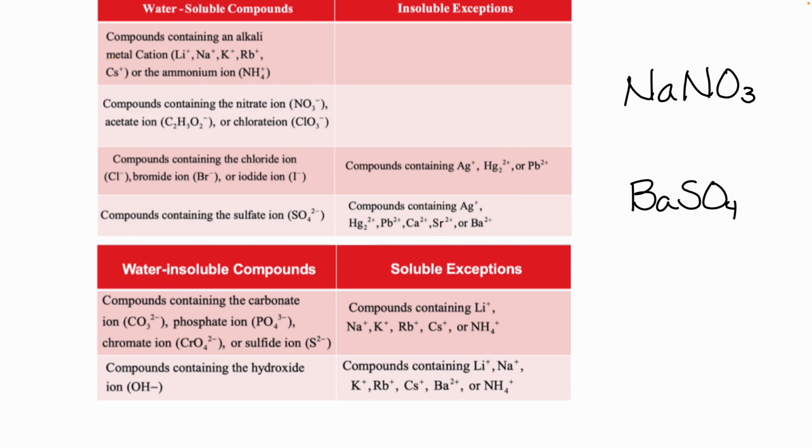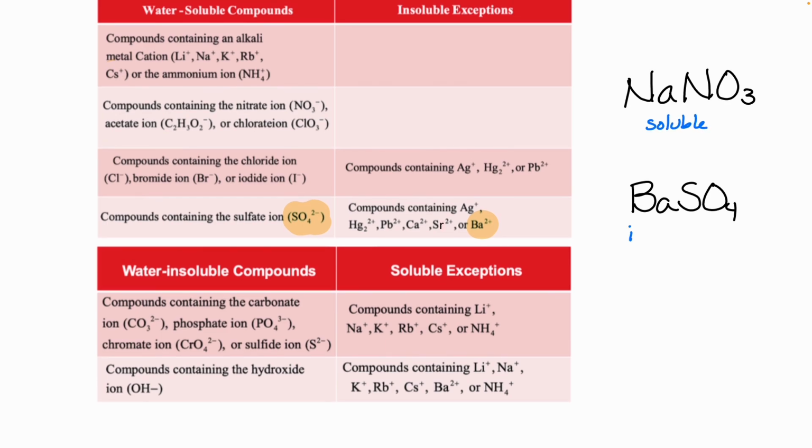All right, so we're going to look up that anion, that sulfate ion, right here. This tells me that most sulfates are soluble, but one of the exceptions is barium sulfate. So sodium sulfate is soluble, but barium sulfate is insoluble.